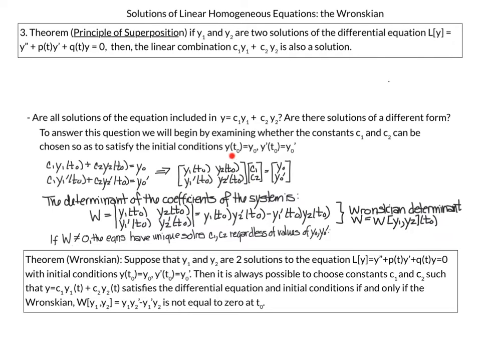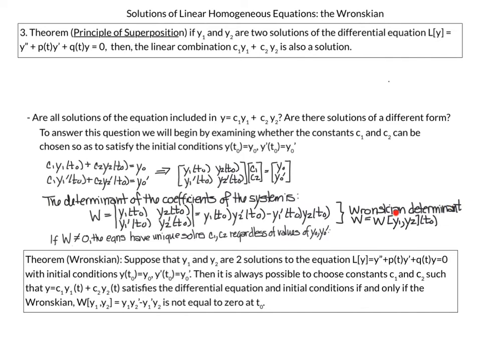And from linear algebra, we know that this has a solution for any y naught prime when the determinant of this matrix does not equal 0. The determinant of this matrix we call the Wronskian, denoted with this capital W, and it's equal to the cross multiplication of these two minus the cross multiplication of these two.